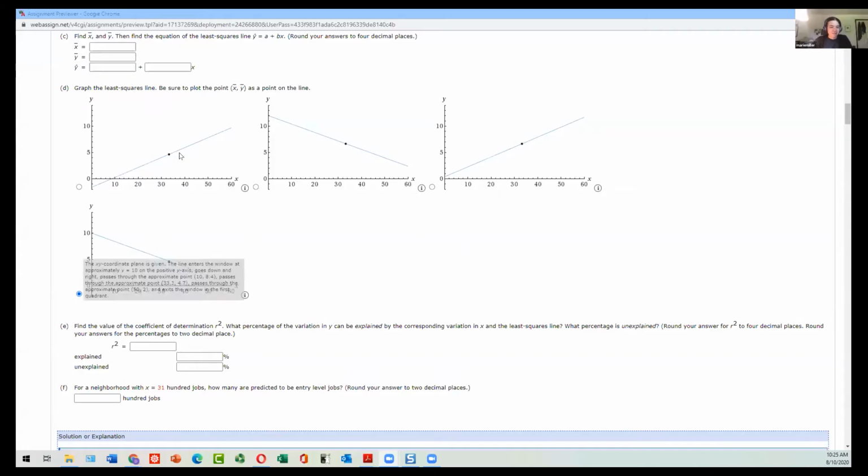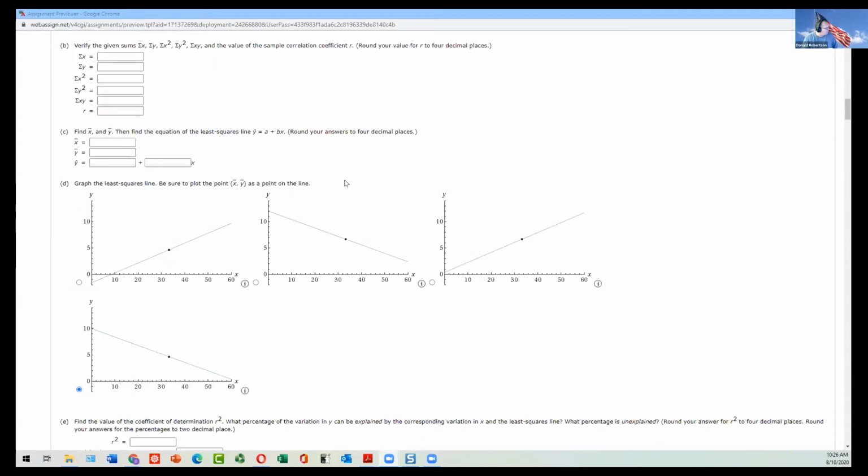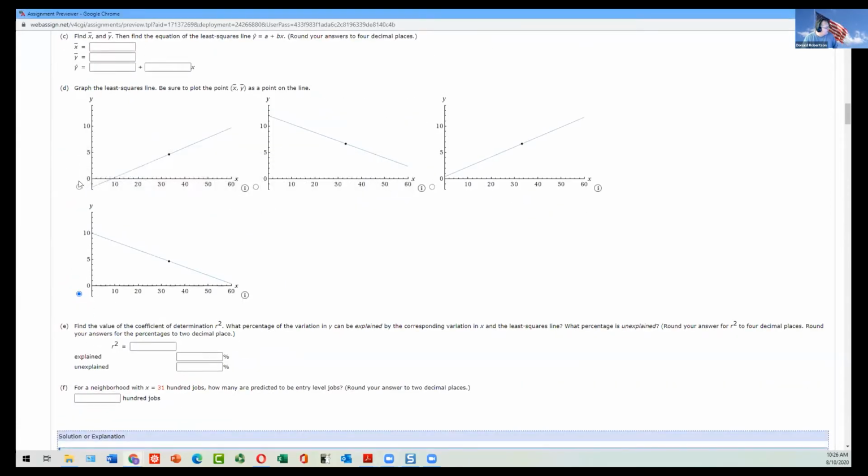Yes. Okay, so what I was saying is that if you take this data and just put the X's in order, you'll see that the Y's go up when the X's go up. So I'm looking for a line like this one here or this one here. I'm not even going to pick those two, because they're pointing the wrong way. They're going downhill, not uphill.